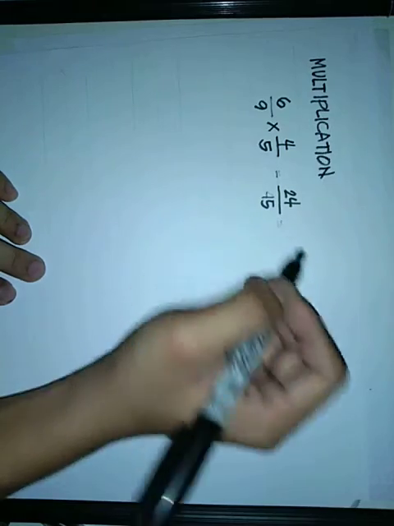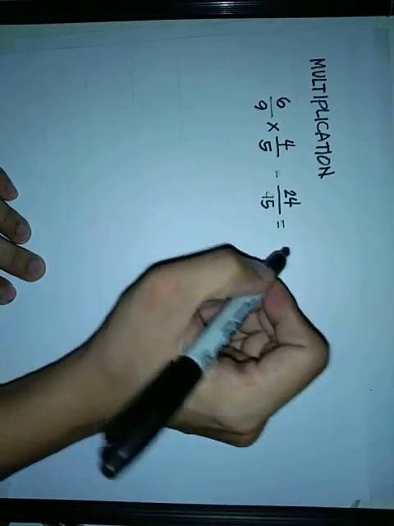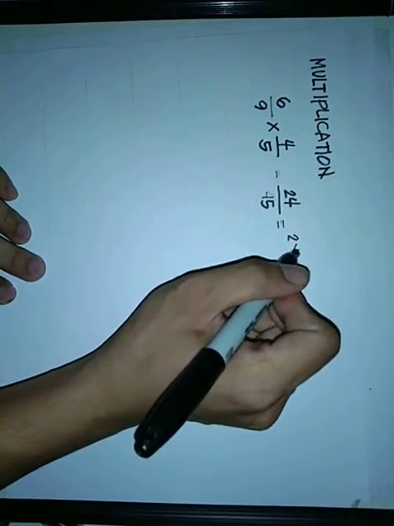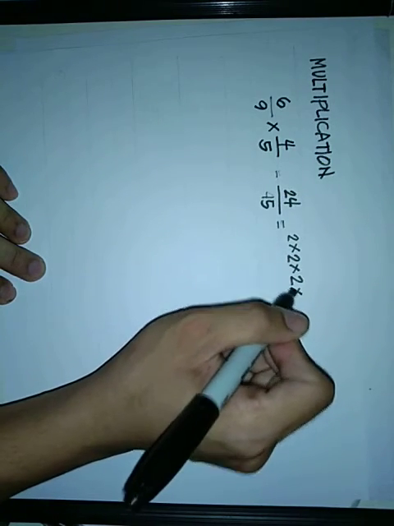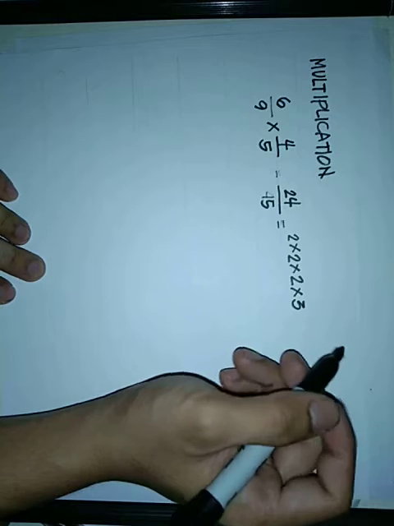So yung factors ng 24/45, yung multiples ay factors ng 24 is equal to 2 times 2 times 2, and that is times 3.